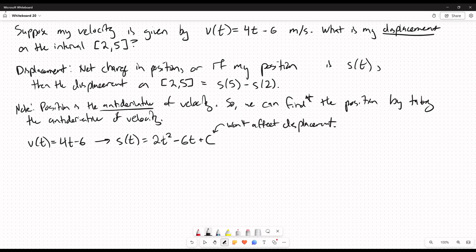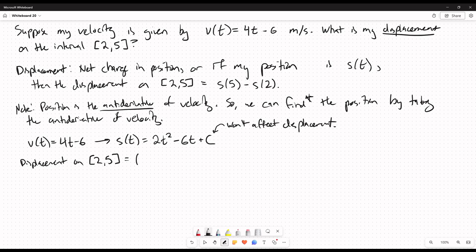So I'm going to do something here which I'm not really ever going to do again, but just for the sake of argument. Remember, we want to find the displacement on the interval 2 to 5. What we can do is just leave that constant in there and see what happens.